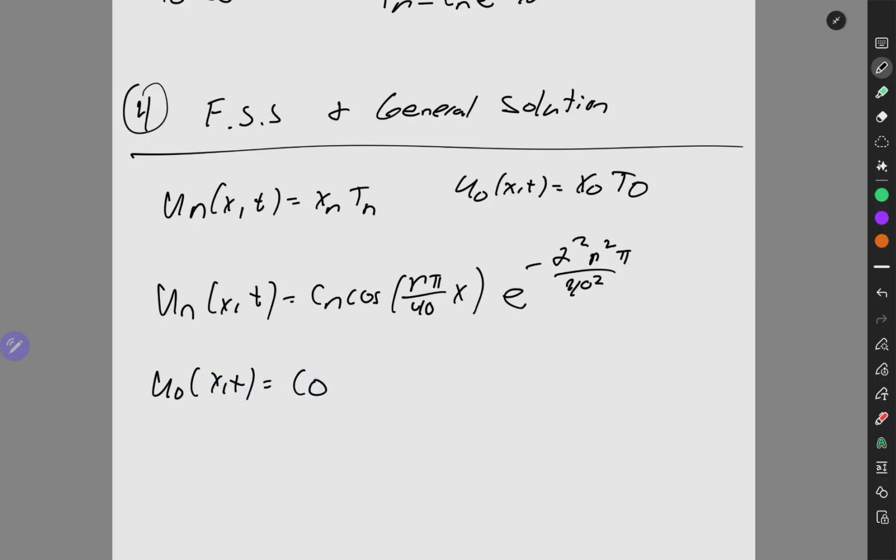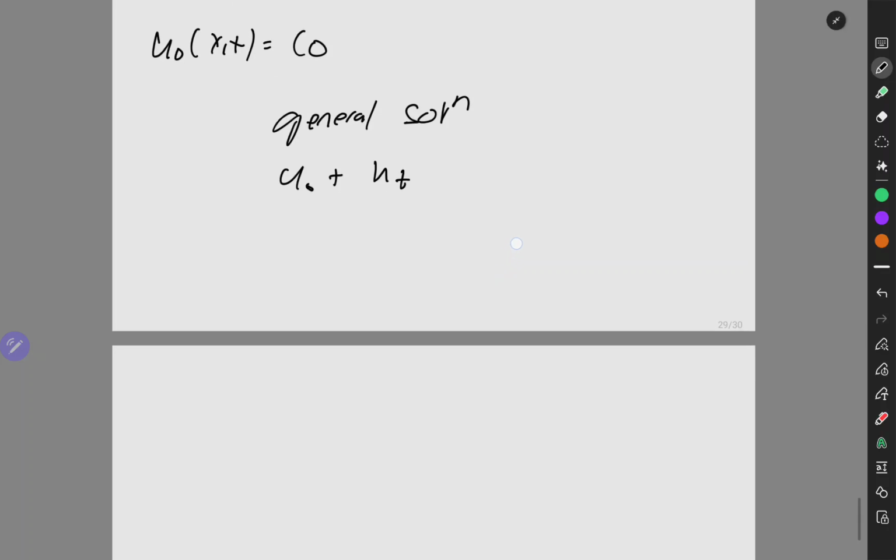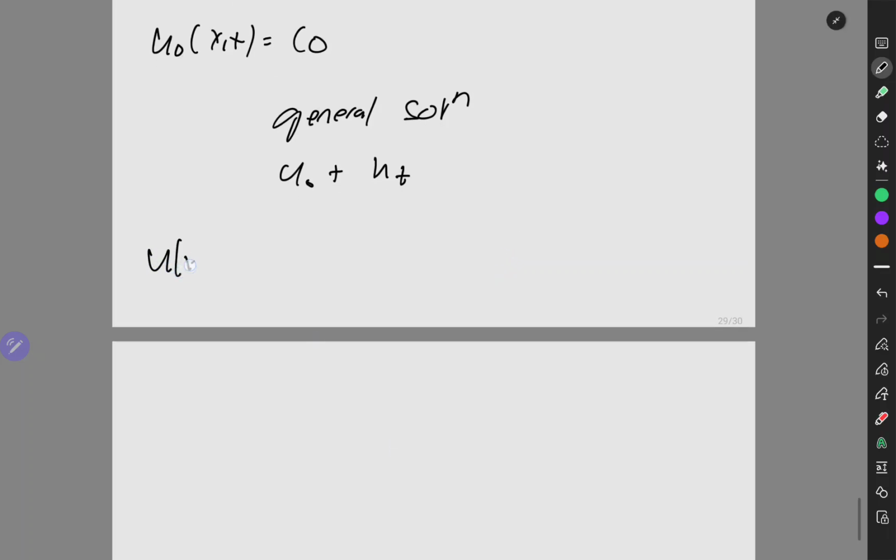Right? That's easy. Easy peasy. And then we have to combine our general solutions. So for the general solution, like I said, we have to combine u sub naught and u sub n. So then that makes our u of x, t, right?